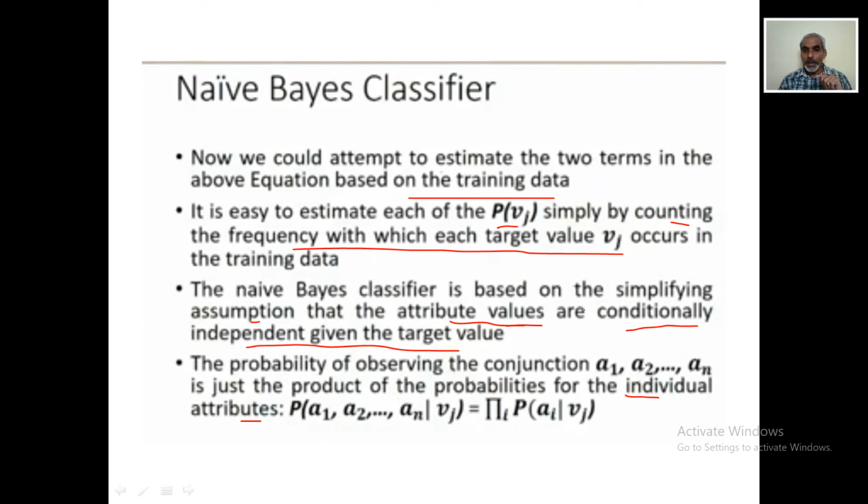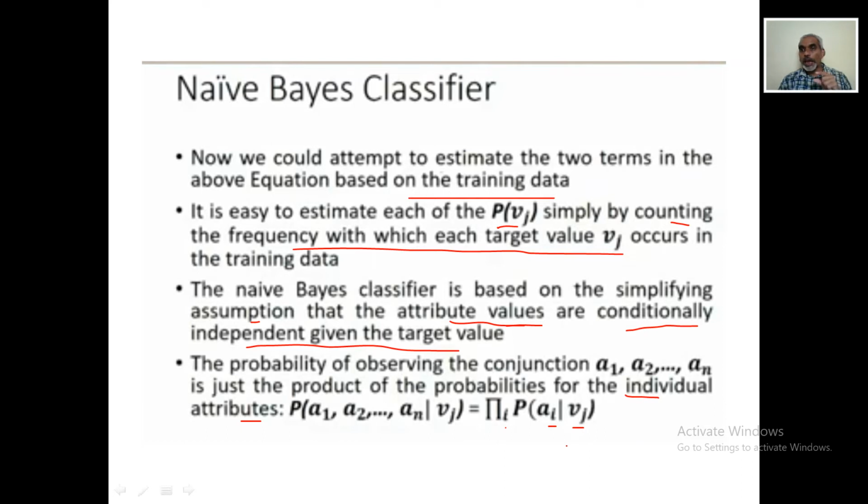Why? Because they are conditionally independent. So we can rewrite the probability of A1, A2, up to An given Vj as the product over i of probability of Ai given Vj.